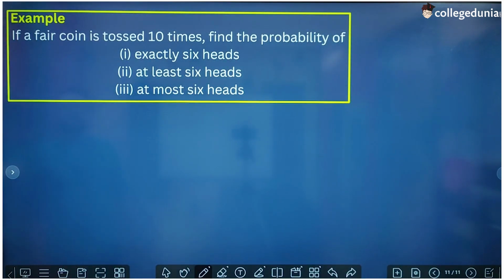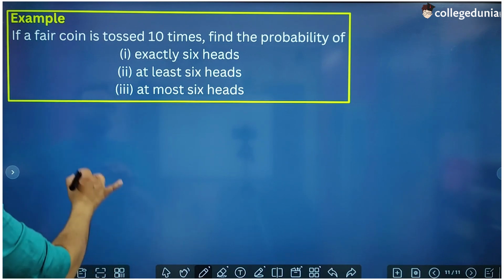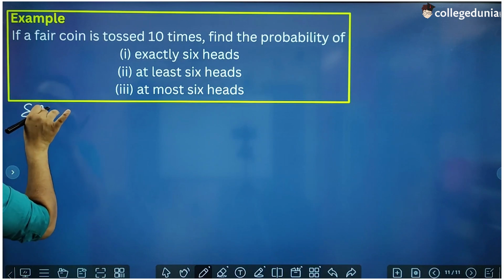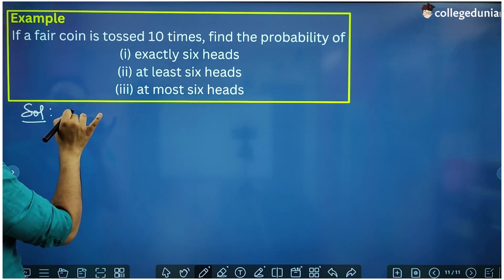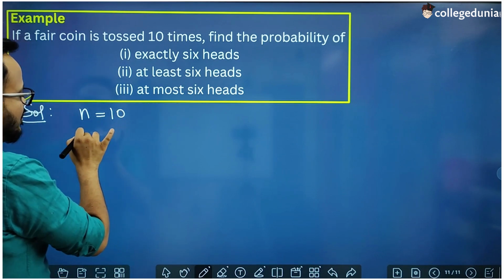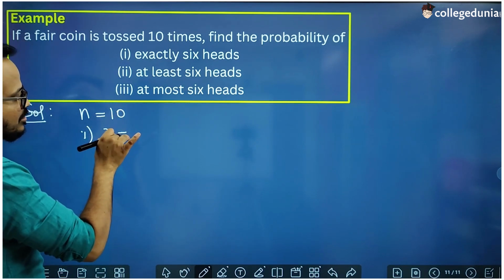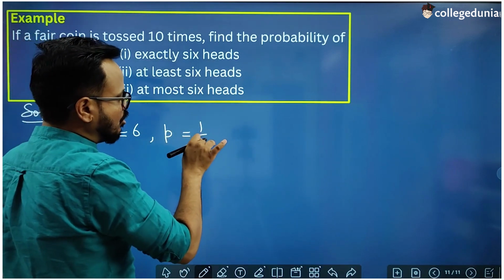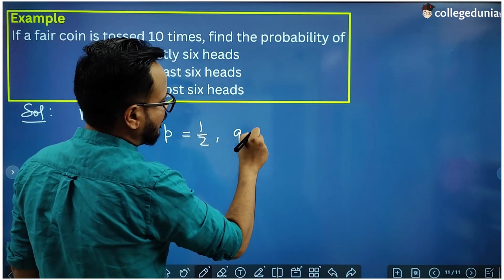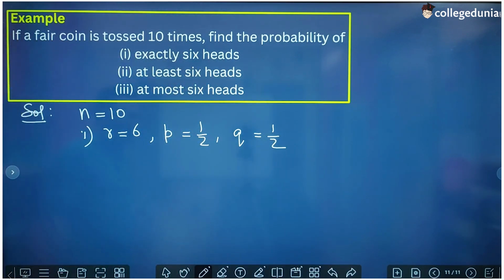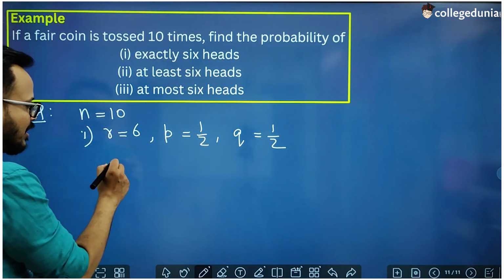Now let us see this question. If a fair coin is tossed 10 times, find the probability of exactly 6 heads. So in this case n is 10 and in the first case r is 6, right? p is 1 by 2 because the probability of getting a head is 1 by 2, and the probability of getting a tail, which is failure, is also 1 by 2.